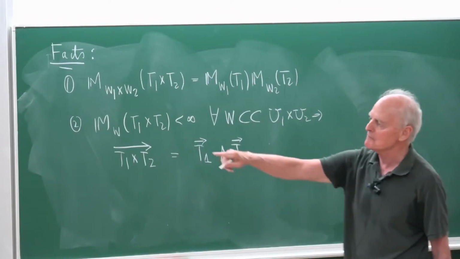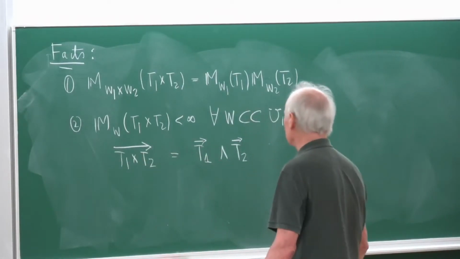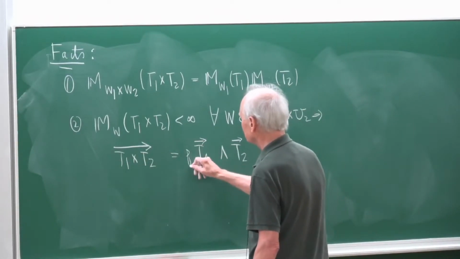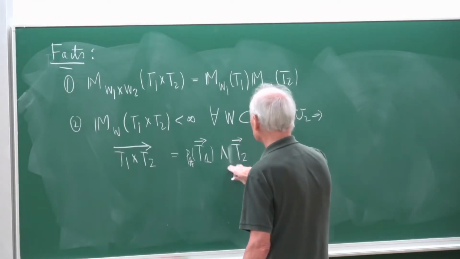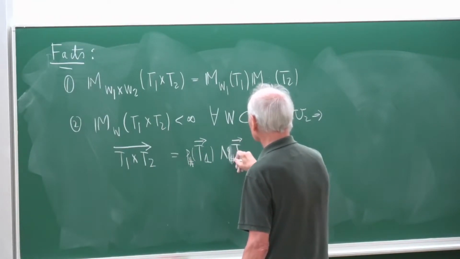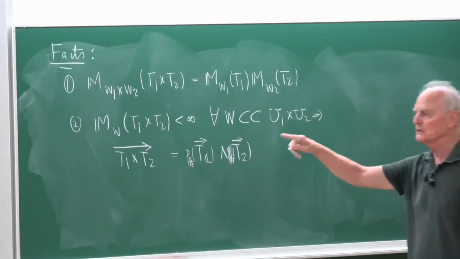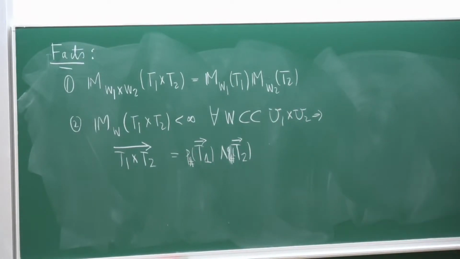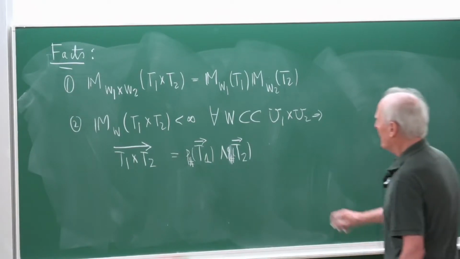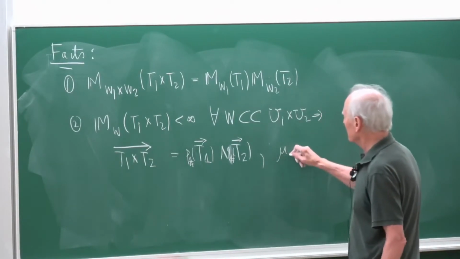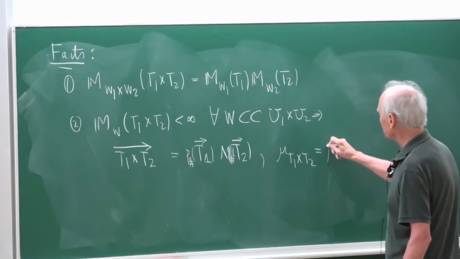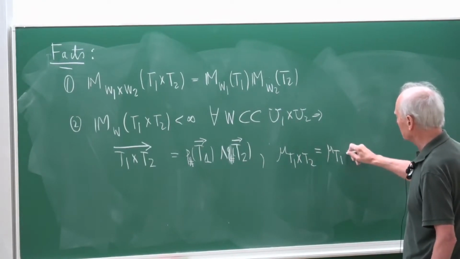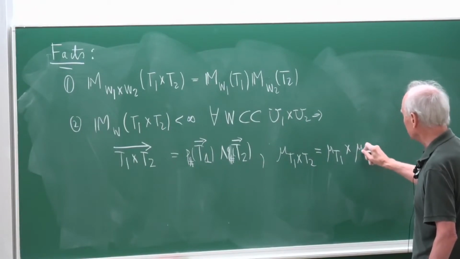You've got to do the same P star Q star thing that we used over there, the same procedure that we used for the prototypical example. And furthermore, the measure is the same as the product measure.